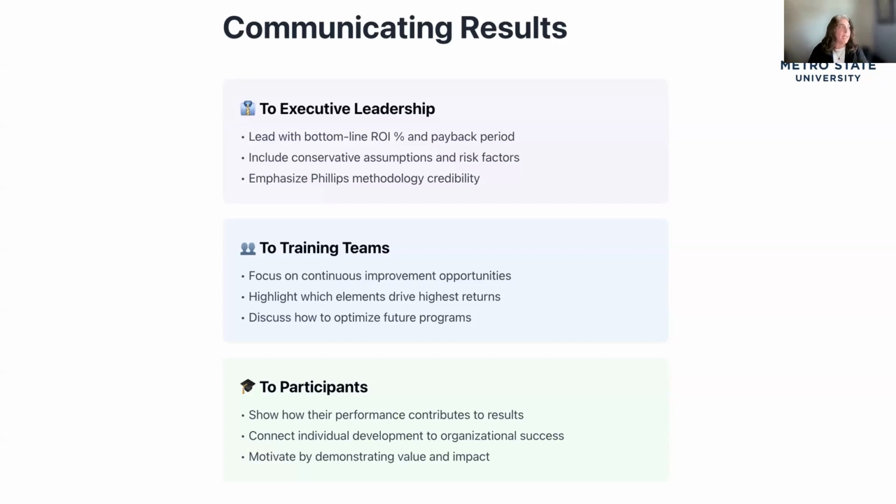If you're looking at training teams or business stakeholders that you are creating leadership programs for, for their businesses, you're in an internal role. Focus on continuous improvement opportunities.